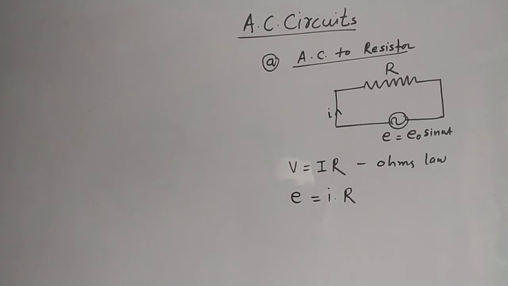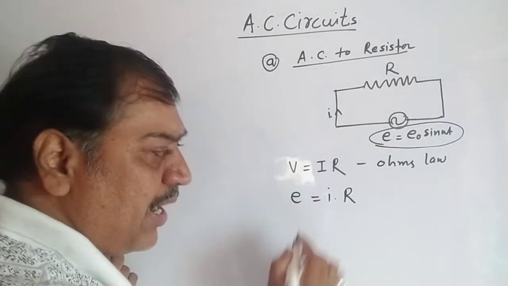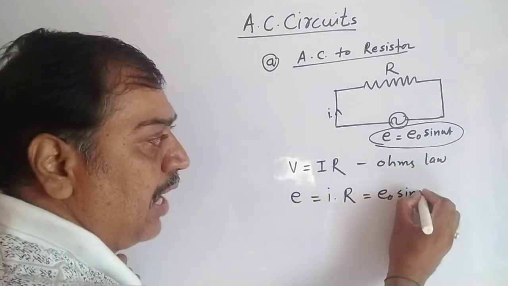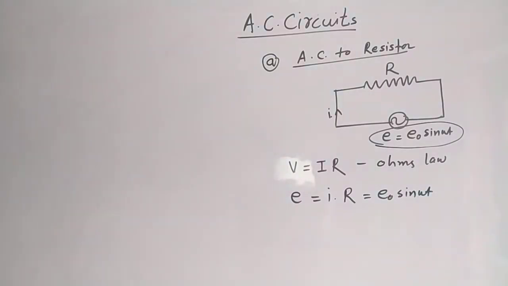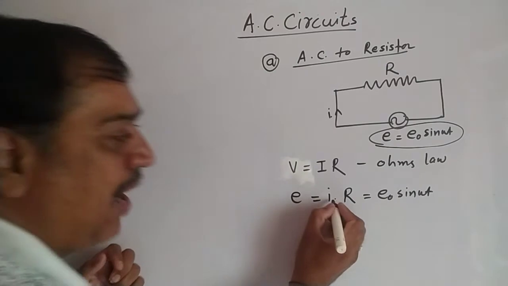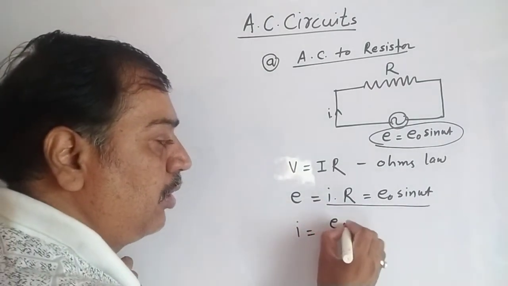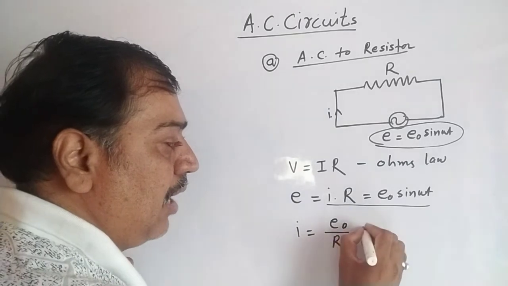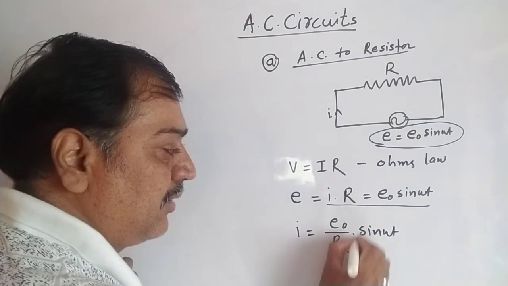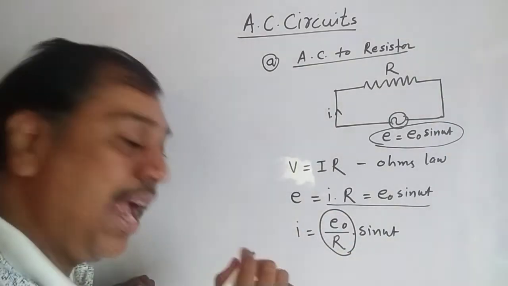Now E equal to IR, but here E equal to E0 sine omega t. So we can write I R equal to E0 sine of omega t. Finding the value of I, I equal to E0 divided by R into sine of omega t. This term E0 by R is the peak value of current, represented by I0.